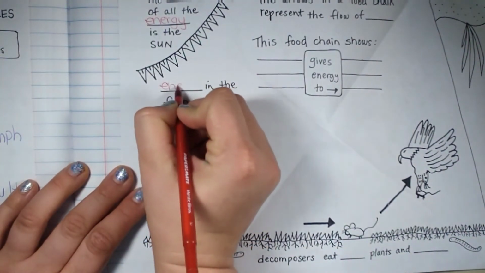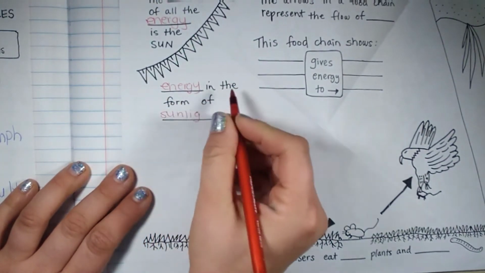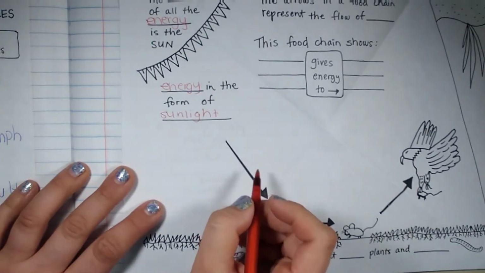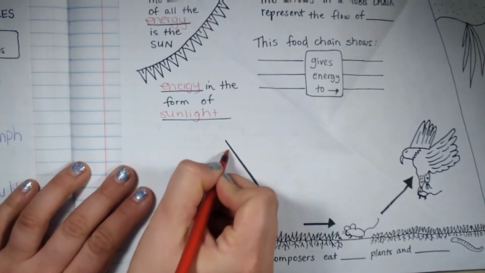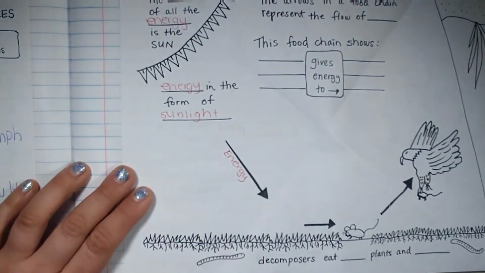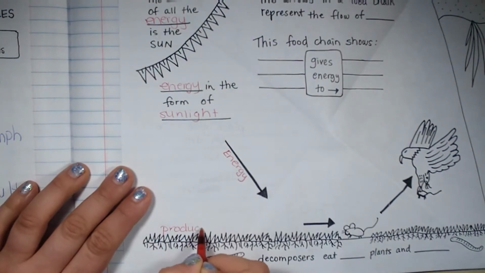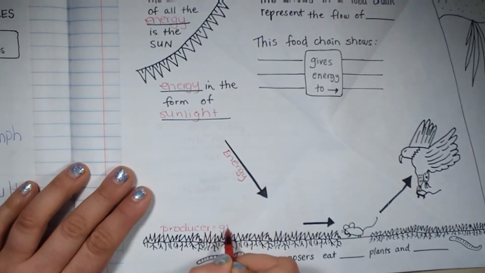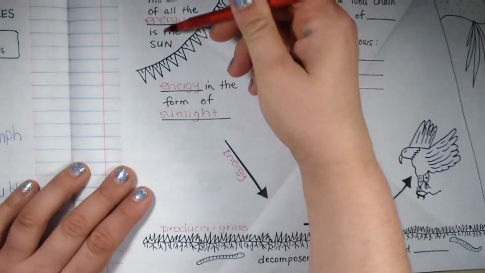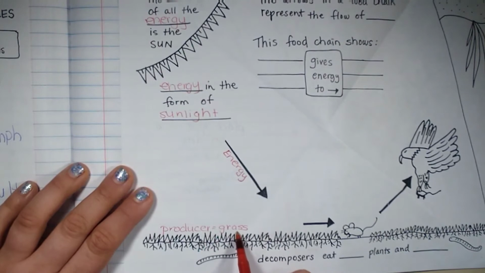Energy in the form of sunlight is right here. So we have energy right here. Energy is coming from the sun. The grass is a producer, meaning it takes the energy from the sun to create its own food in order to grow.